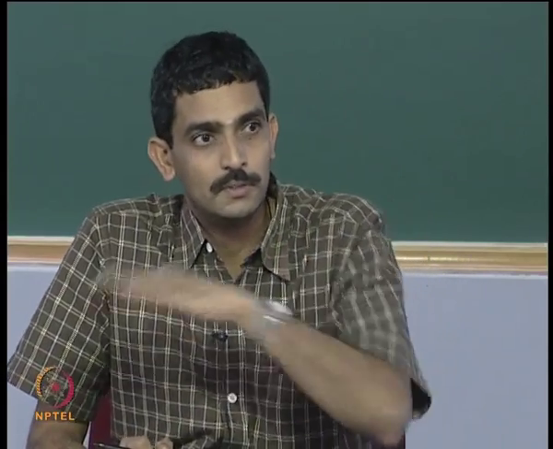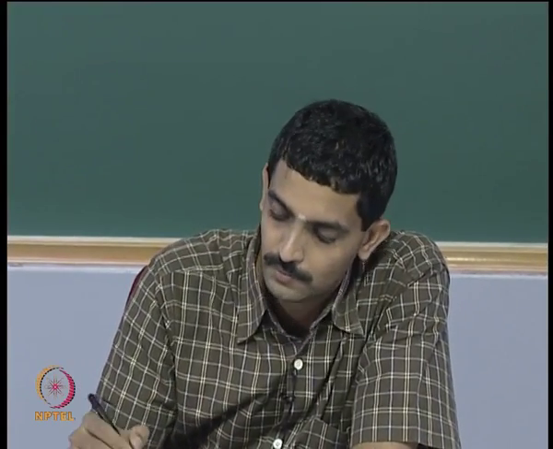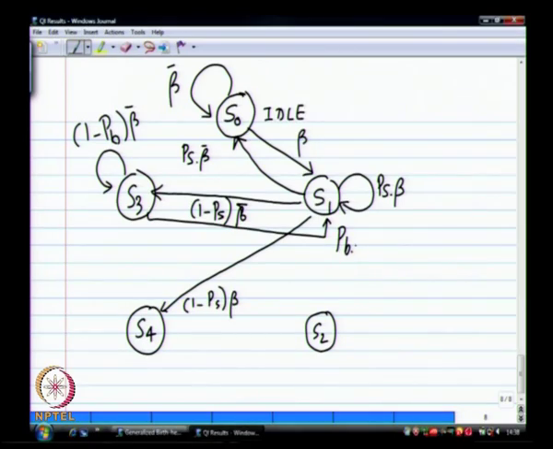I only move from the backoff state to the transmit state. In the entire state I was in backoff, and the next state I am going into is the transmit state. So that will be here. This is PB, and no packet was generated because I am now in transmit mode at the beginning of the slot, but there was no packet in the previous slot. Then we can go from S3 to S2, can't we?